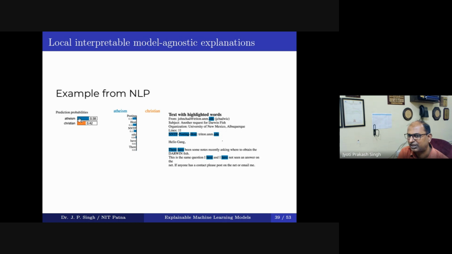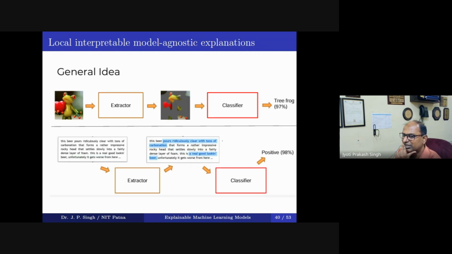See here, it has given that this color is referring to this one, and these are the words, and it also gives how much the importance of those words is. So this you can use. In general, this is how it works: extractor, classifier, text. You have highlighted this, you have highlighted this. That's the interpretation.